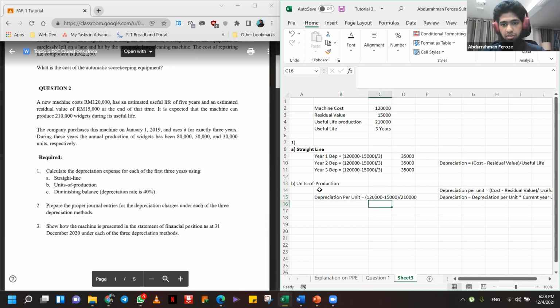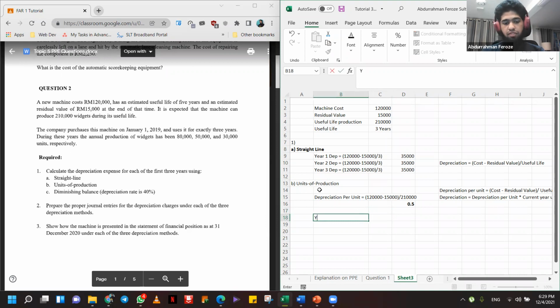How much would this be? 105,000 divided by 210,000, this would be 0.5 ringgit. So this is the depreciation per unit. Now we can calculate the depreciation itself.